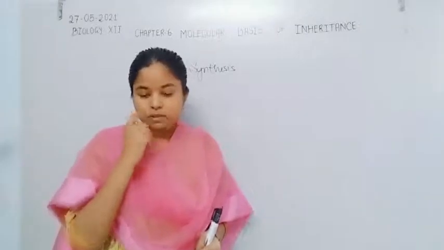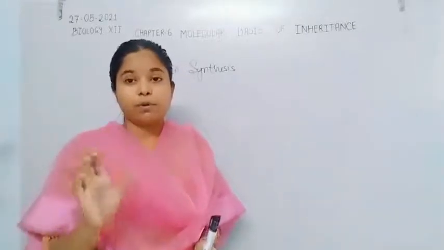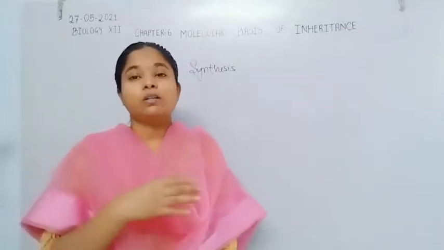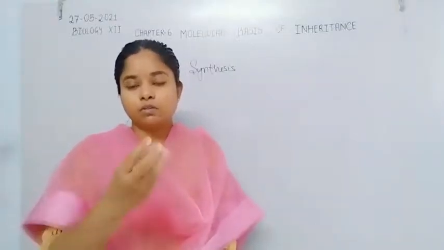First we revise our previous class content, that is, two types of ribosomes are present in the eukaryotic organism as well as in prokaryotes.